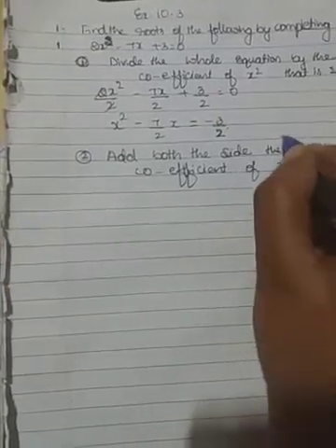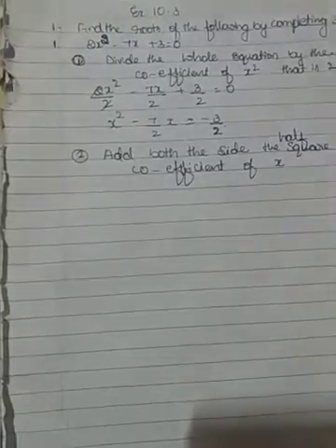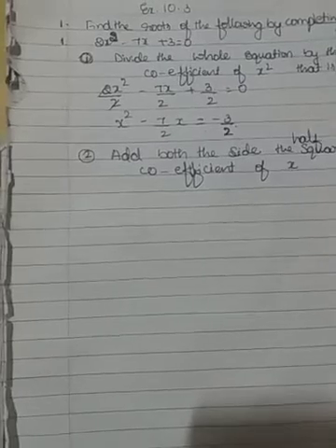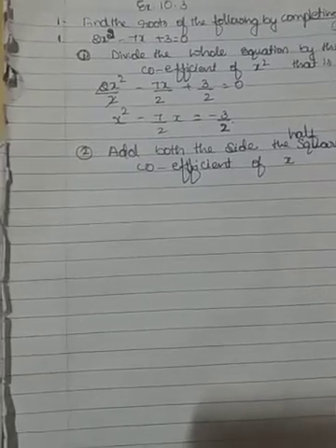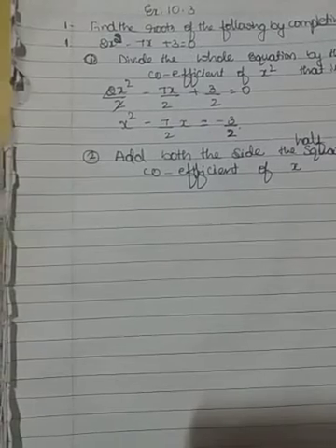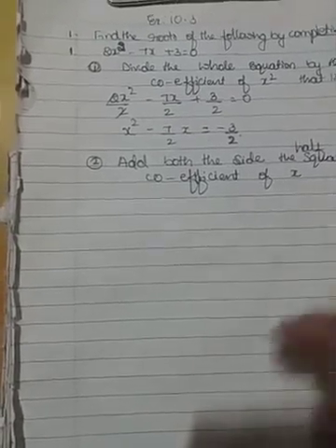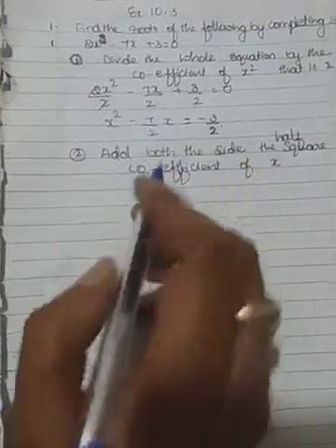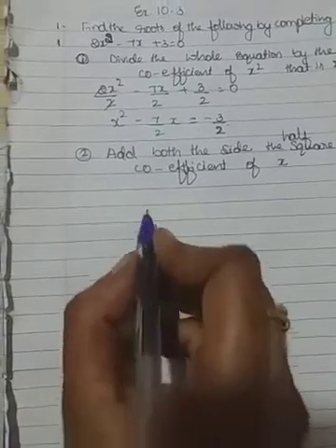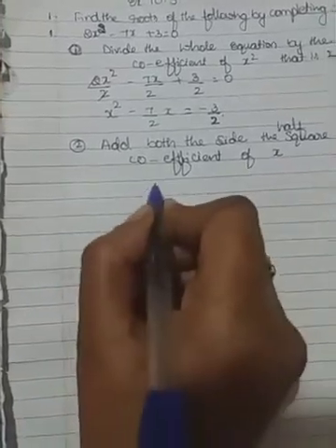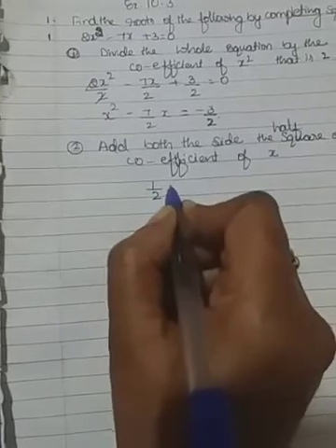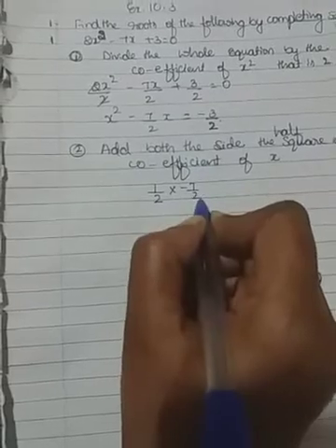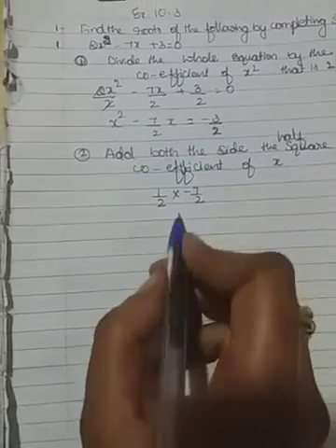Add to both sides the square of half of the coefficient of x. That is very important. Half in the sense of the half of the coefficient.